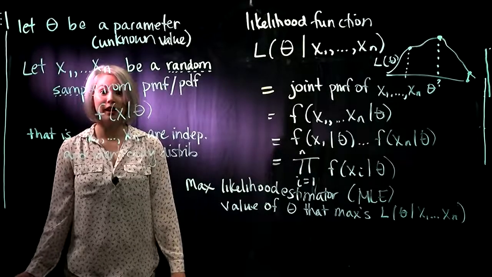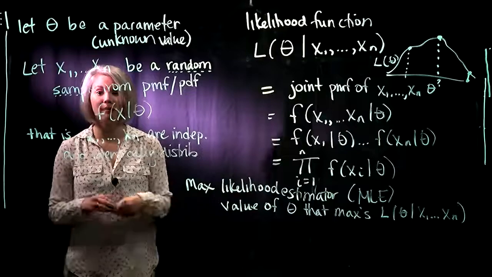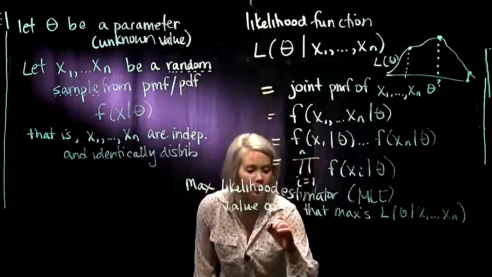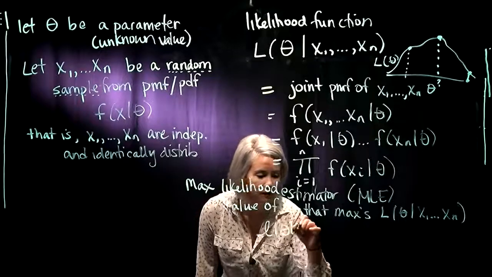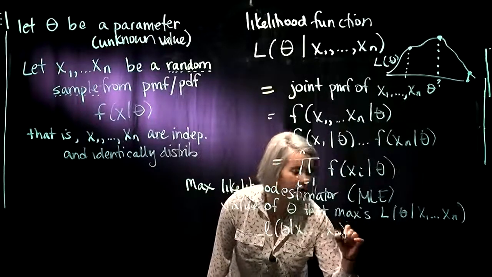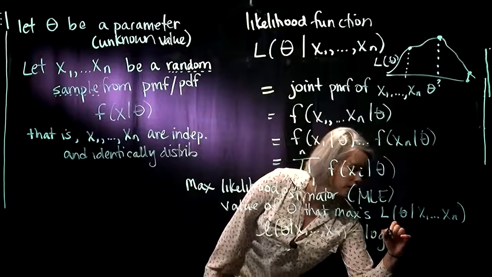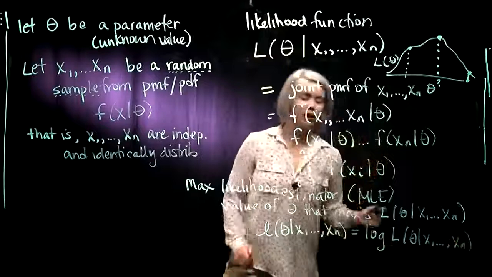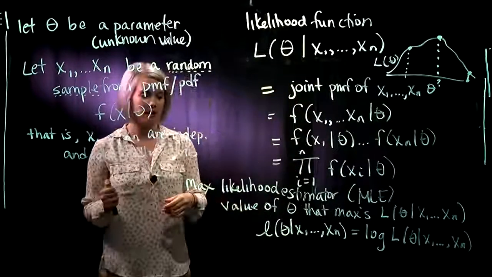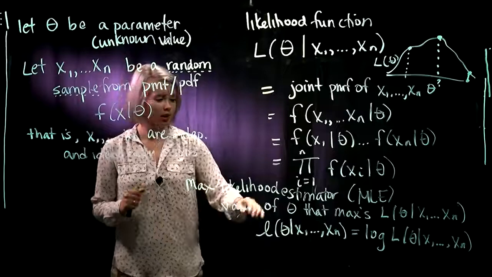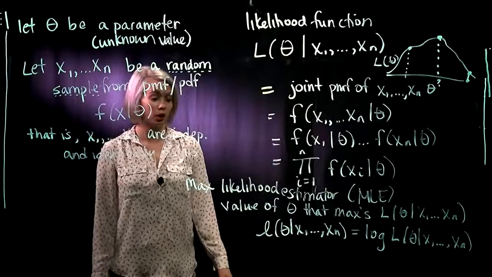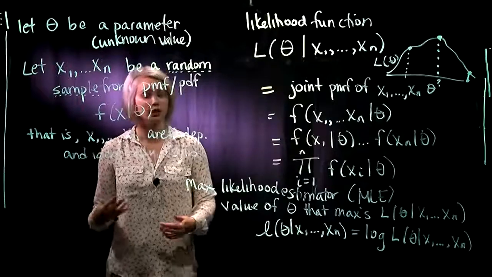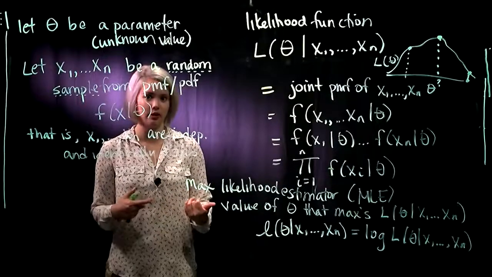And remember that log is a monotone function, so lots of times actually we'll be talking about the log likelihood. And that's just the log of the likelihood function. In this class, whenever we're talking about log, we always mean natural log. We're using this log likelihood because it's a monotone function. So if we're maximizing the log likelihood, that's the same thing as maximizing the likelihood.